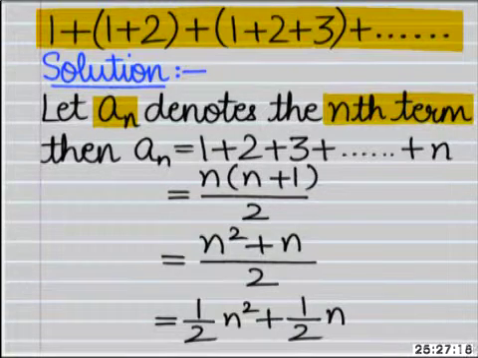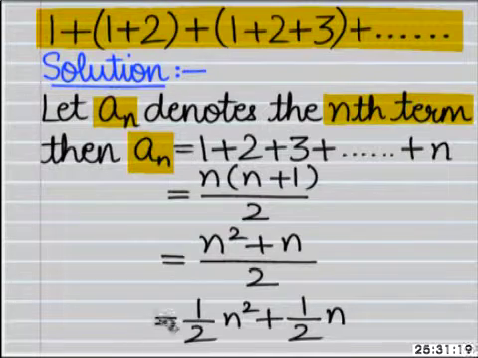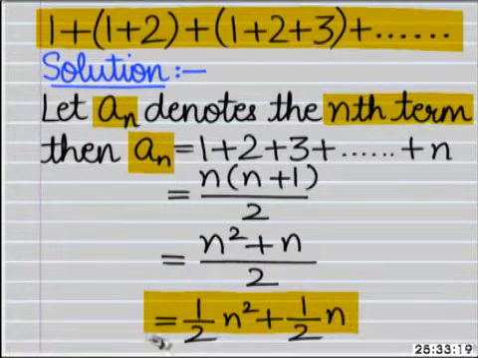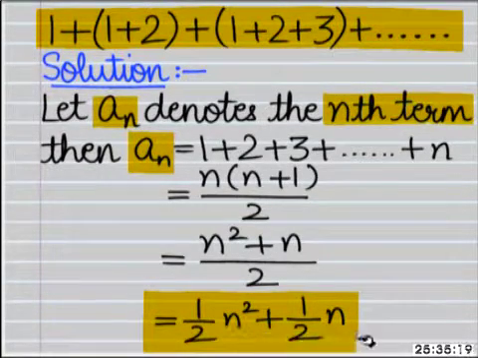So here nth term an is equal to 1 upon 2 into n square plus 1 upon 2 into n.